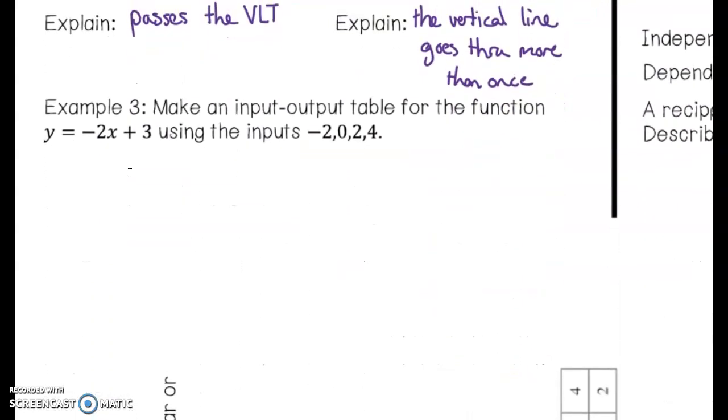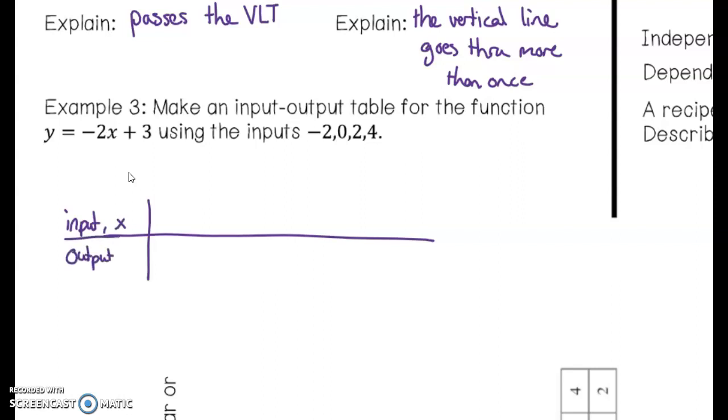This says, make an input-output table for the function y equals negative 2x plus 3 using these inputs. What we're going to do is have inputs, that's x, and outputs, that's y. Your x's, they said your inputs are negative 2, 0, 2, and 4.